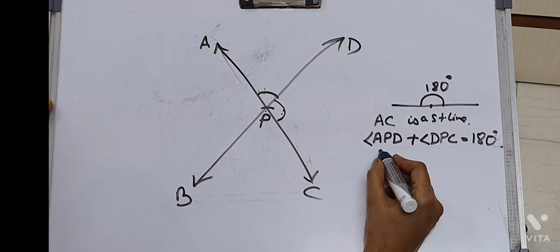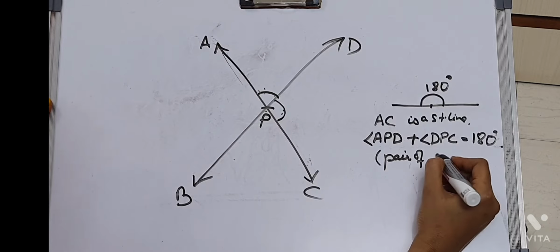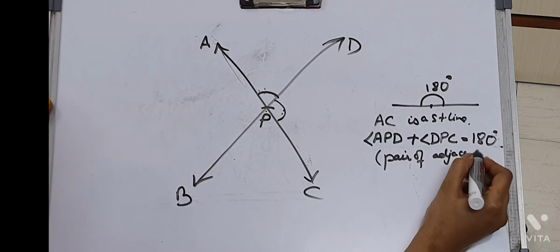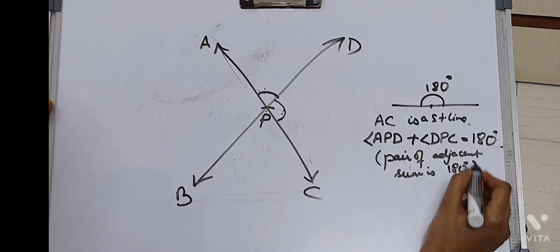This is the property of adjacent angles, because for a pair of adjacent angles, the sum is 180 degrees.